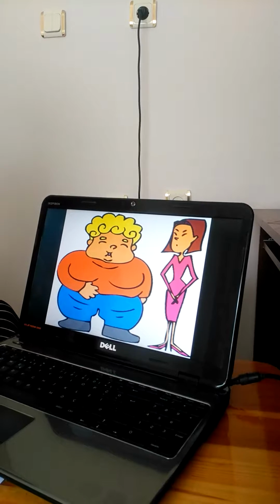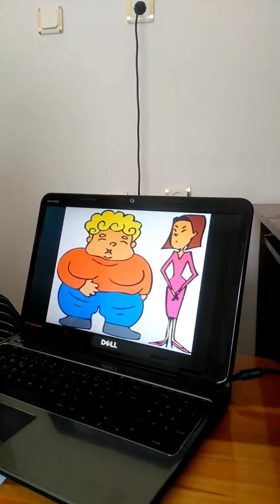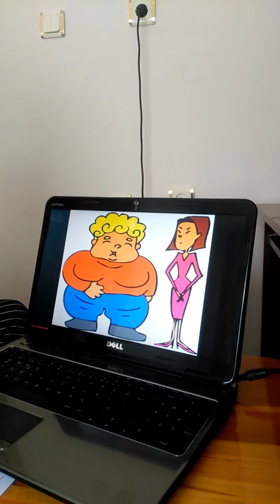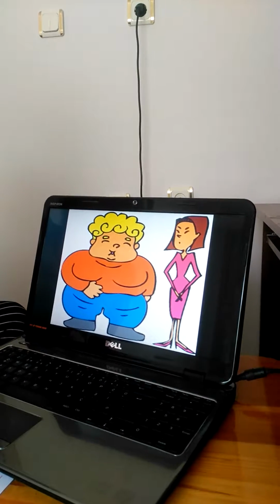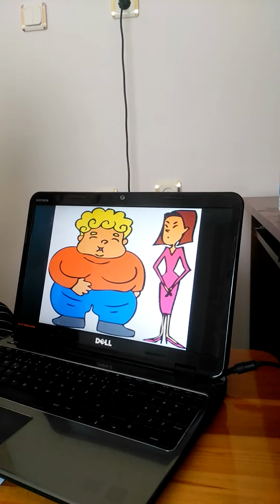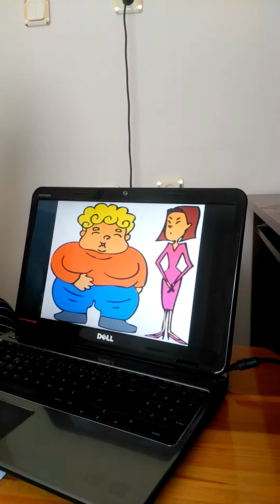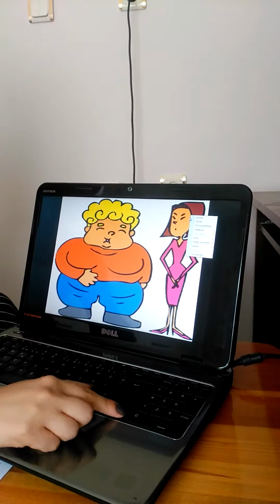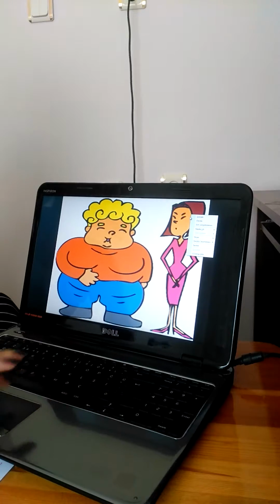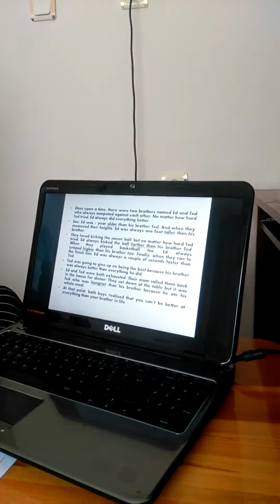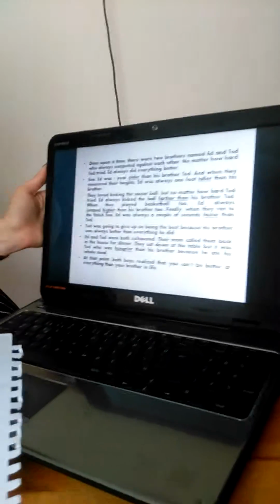The woman in orange is fatter than the woman who wears pink dress. Did you understand? And we can try to use more difficult sentences. More difficult. Sorry. So, I think you understood.